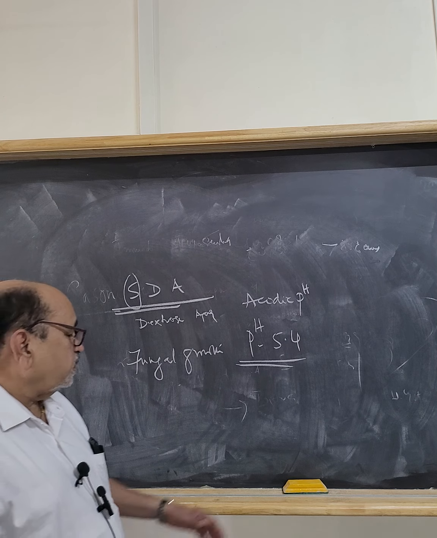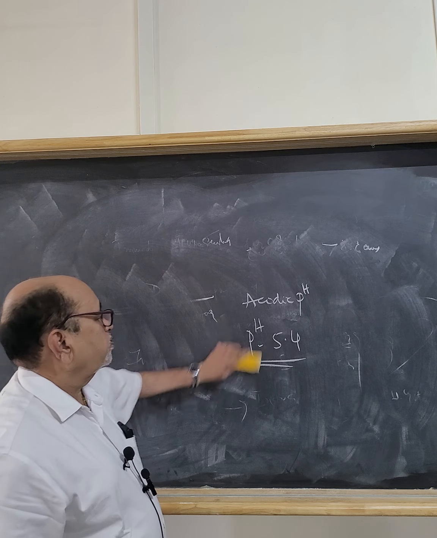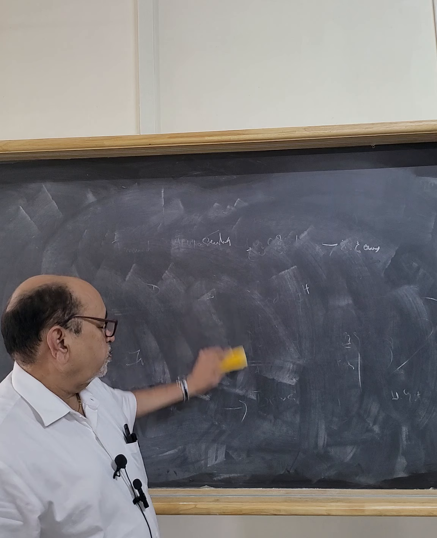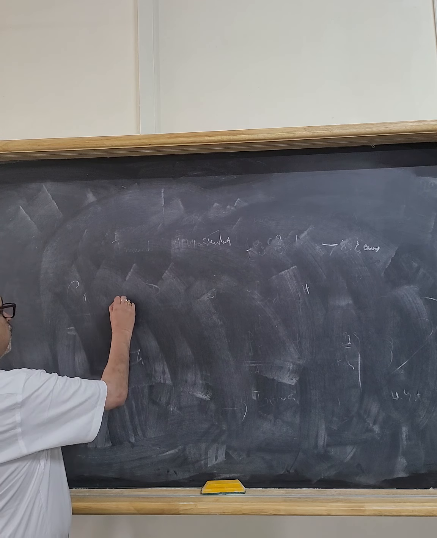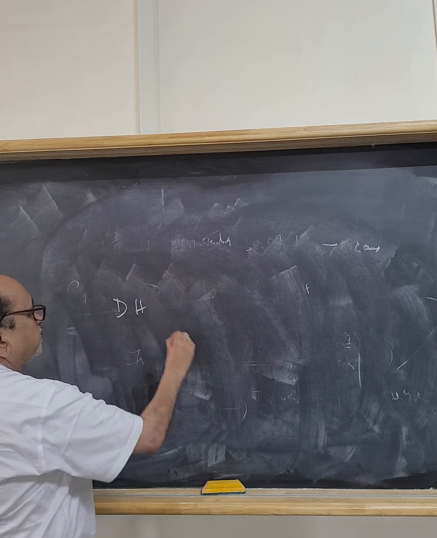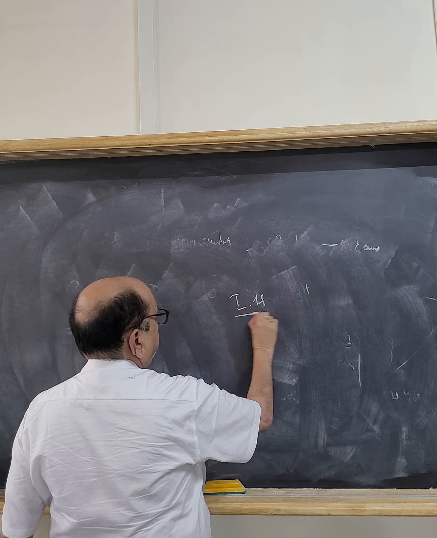Now, the next question is intermediate host. There are two types of hosts in parasitic disease. One is the definite host, another is the intermediate host.